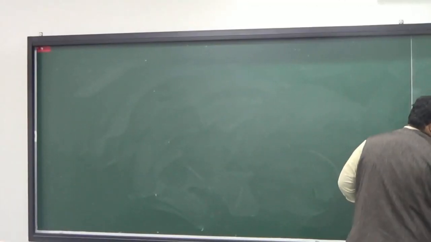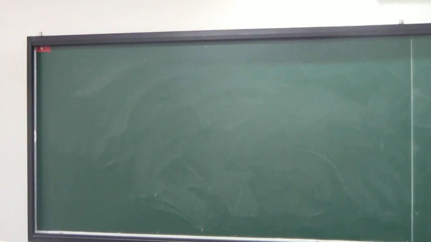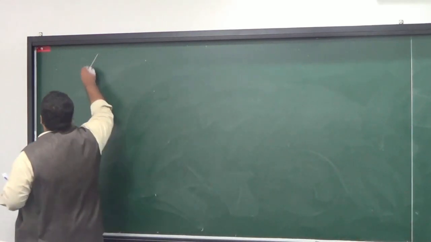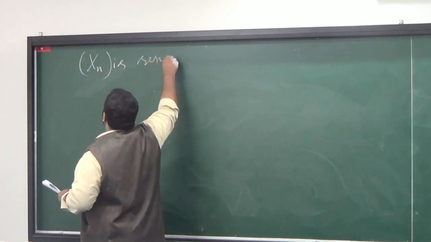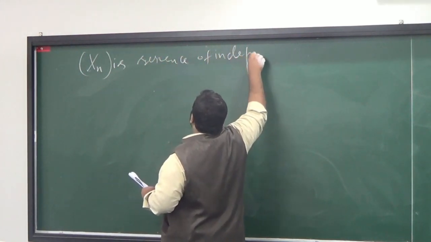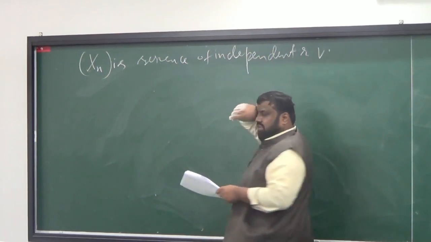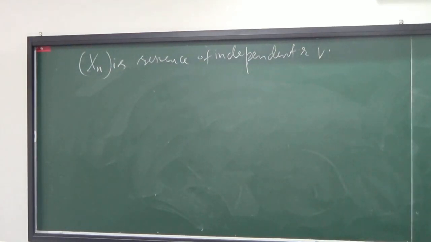Imagine you have a sequence of independent variables. That's the only thing I have over here, nothing else. Question: does it form a Markov chain?